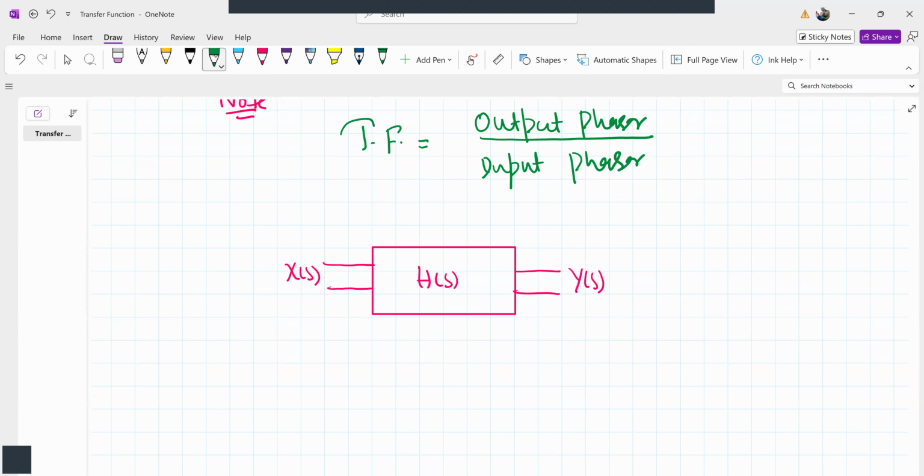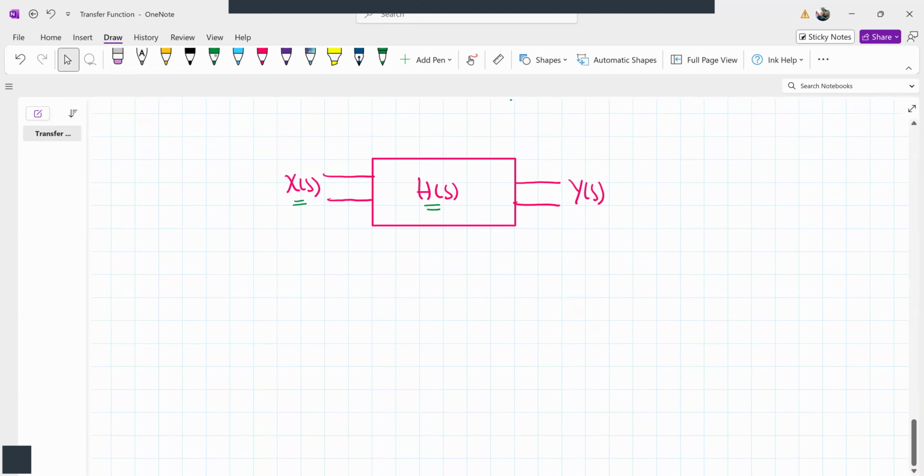If H(s) and input are given, how do we obtain the output? Similarly, if output and transfer function are given, how do we obtain the input? We can also do that sometimes, but let's proceed with the input and transfer function given.